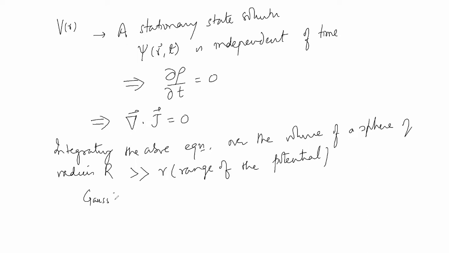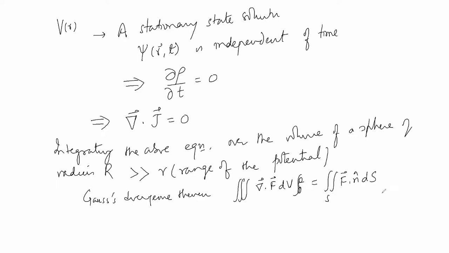Then using Gauss's divergence theorem, which is given by, if you recall, the volume integral of divergence of f dV is equal to the surface integral of f dot n dS. Okay, this is nothing but Gauss's divergence theorem.